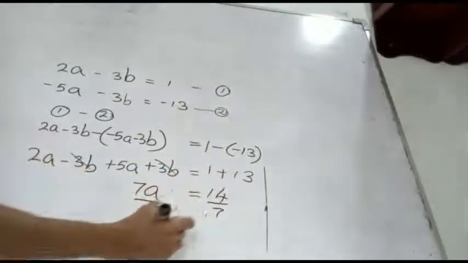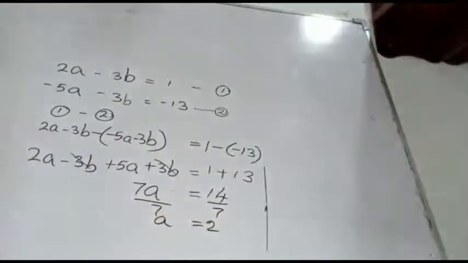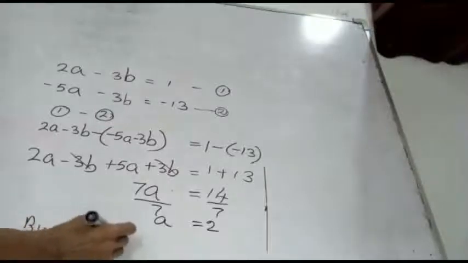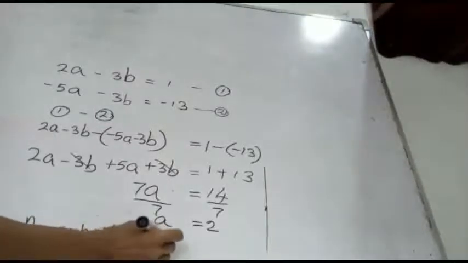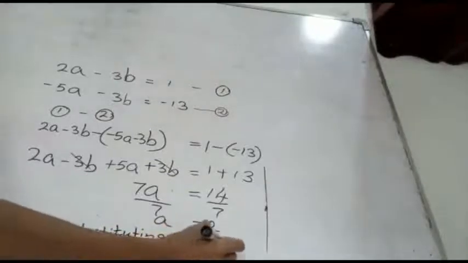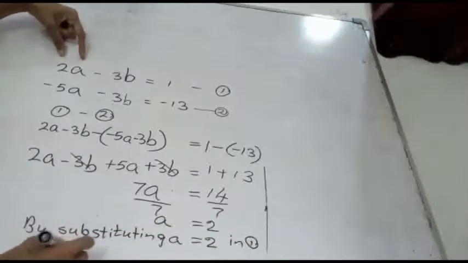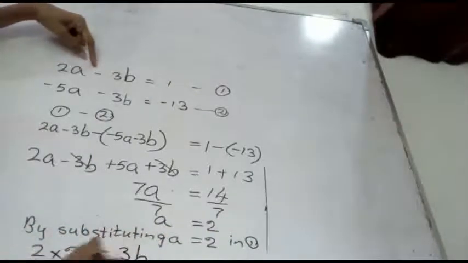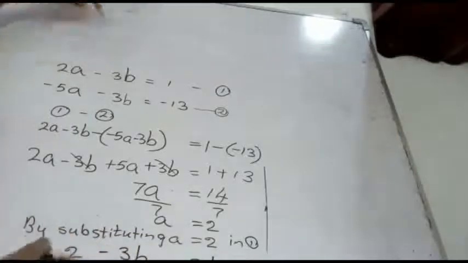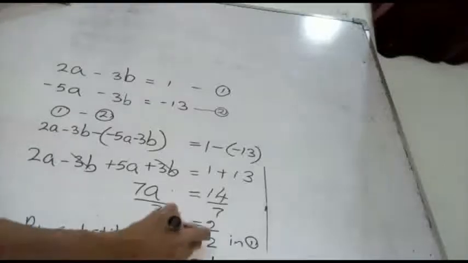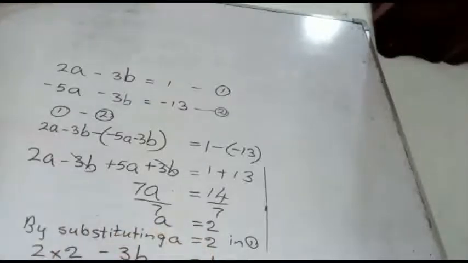Both sides divide by 7. a is equal to 2. By substituting a is equal to 2 in the first equation, 2 times 2 subtract 3b is equal to 1. 2 times 2 is 4. 4 subtract 3b is equal to 1.